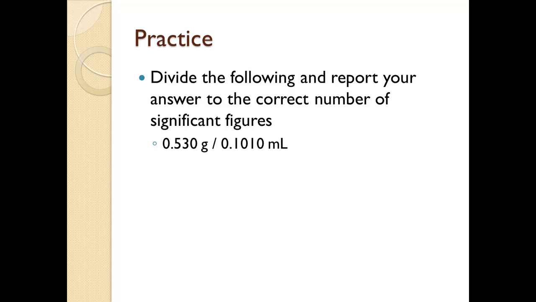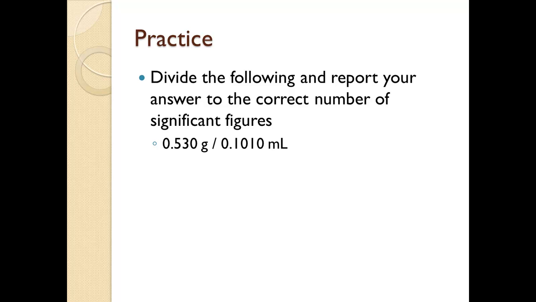Lastly, let's look at this simple example, and it sort of summarizes what we have learned about significant figures. If I were to ask you to divide the following and report your answer to the correct number of significant figures, I have 0.530. The numerator has 3 significant figures.